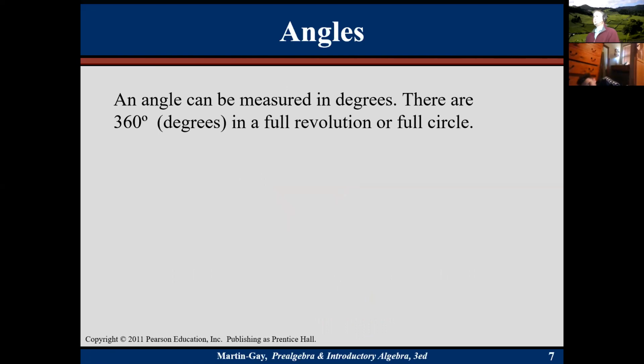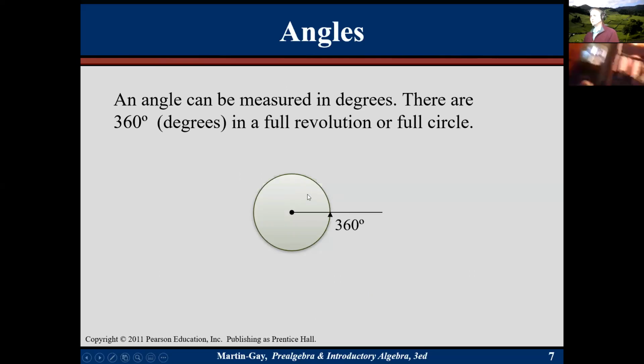Angles are measured in degrees, and there are 360 degrees in a full revolution of a circle. By convention, we measure counterclockwise around the circle, so this is positive 360 degrees all the way around. A right angle here is 90 degrees, and I'll get some specific examples.